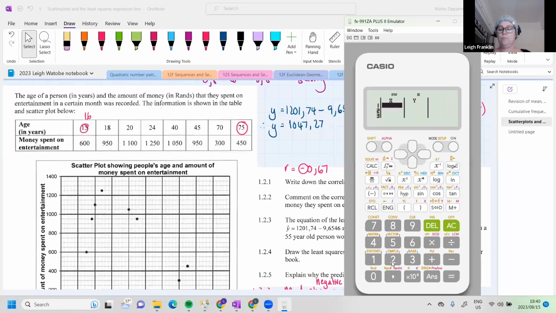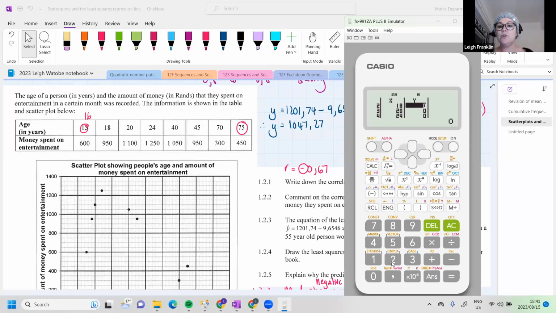And then we enter the data. So the age in years is for the X part. And the money spent on entertainment is for the Y part. Lovely. So we're going to put in the 15, the 18, the 20, the 24, the 40, the 45, 70, and 75. And then we're going to enter.